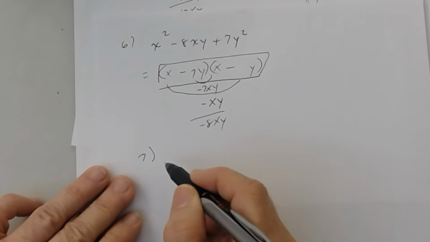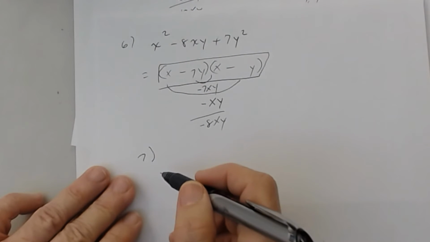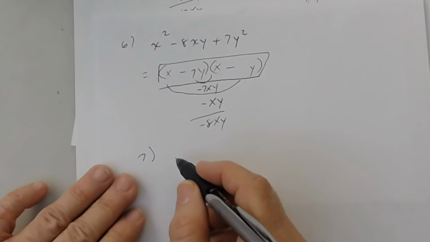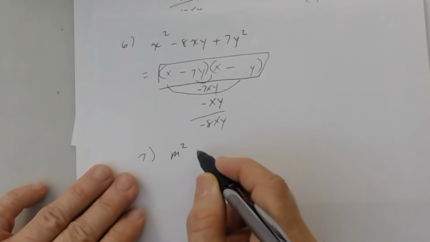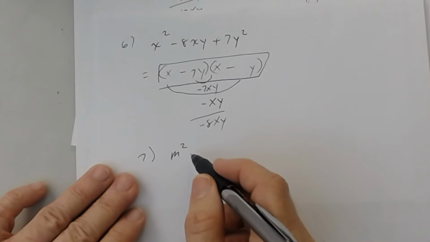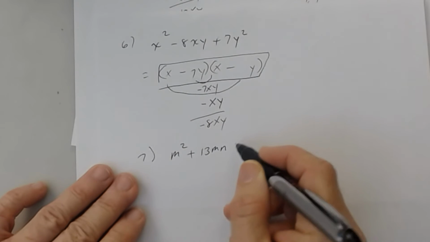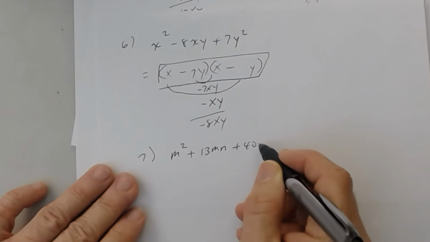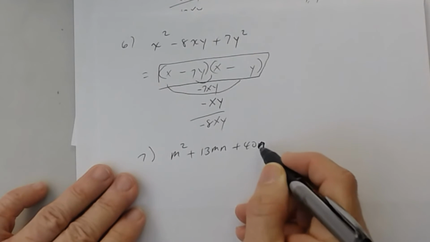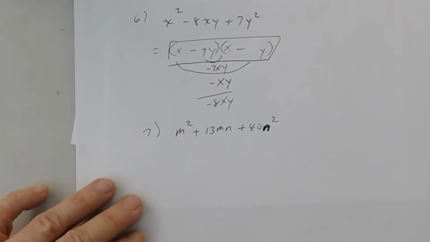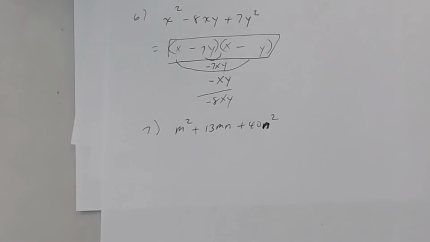Number 7. Suppose in number 7 you had m squared plus 13mn plus 40n squared. That's an n squared. So m squared plus 13mn plus 40n squared.